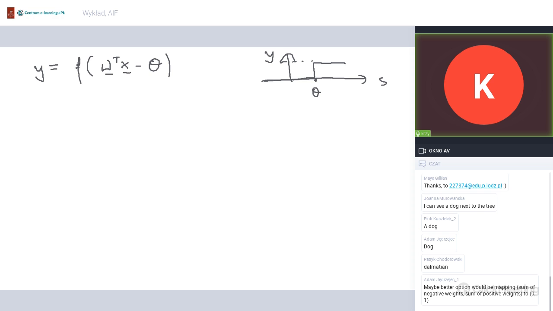So I'm going to continue. We have two requirements. The first is that it needs to squeeze a dynamic range. The second is that it needs to be monotonous. Any function that satisfies these two requirements could be used as the neuron's activation function.